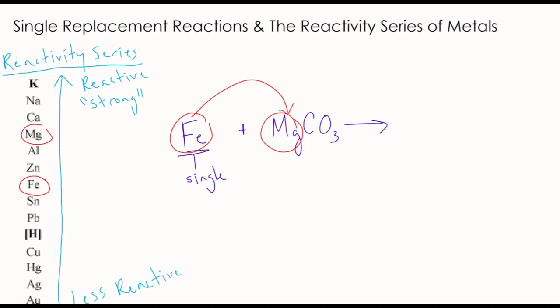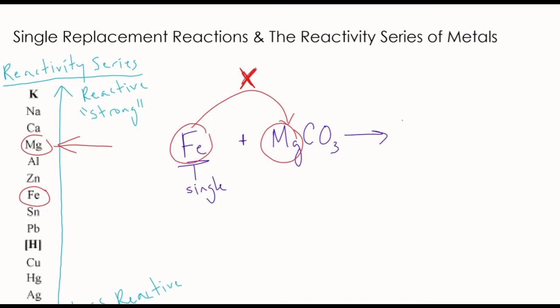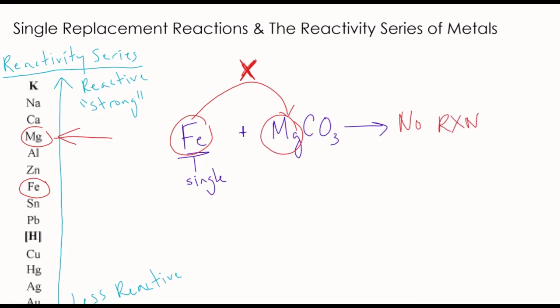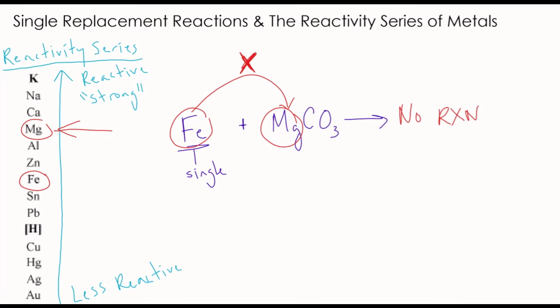But iron is lower than magnesium on the reactivity series. This is not going to work. Okay, iron is not strong enough to beat out magnesium. Magnesium is just way too strong. Okay, so this is just no reaction. It's not going to happen. So when something lower tries to attack, it's just not going to work.